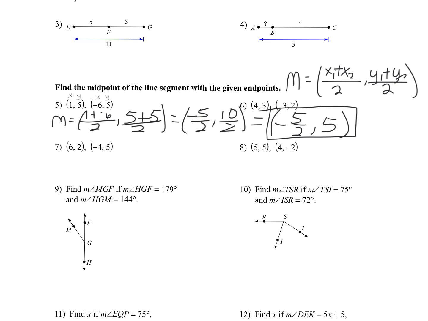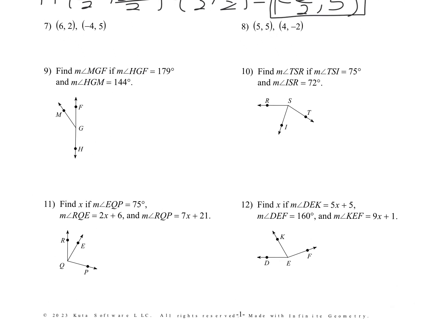Okay, here is where we got to start reading very carefully. We got to know what angle they are specifically talking about. So, we want to find MGF. Where's MGF at? Start at M, go to G, go to F. So, we're looking for this angle right here. It says HGF, so HGF is 179.